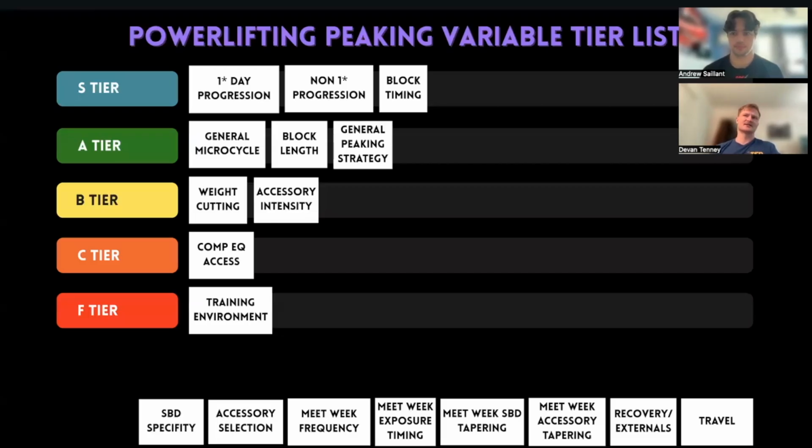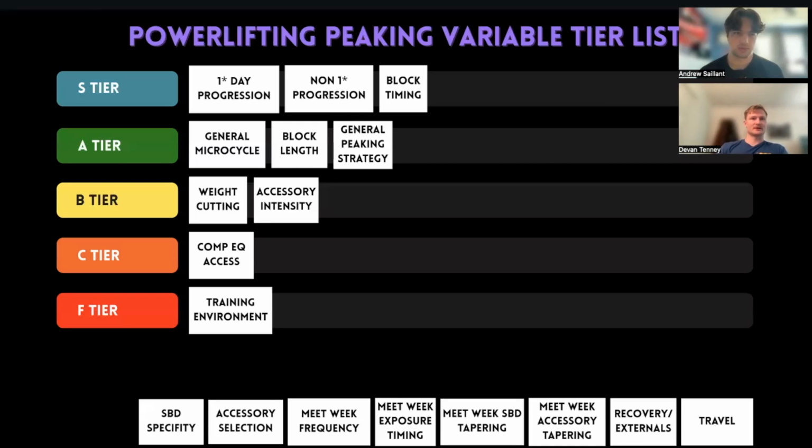So again, it can be important for some people, but compared to what we have in S or A, for most of those variables, I don't think it's going to be as important. So for me, this is probably top of B, maybe even bottom of A, but just in terms of specifically peaking and coming in as strong as someone can on the day, I don't know if it's as crucial.